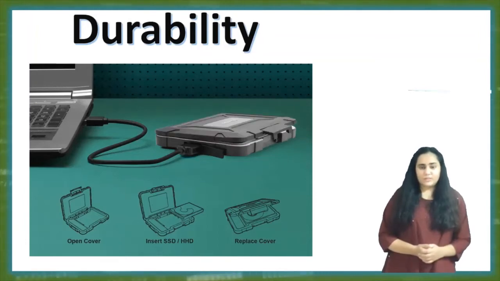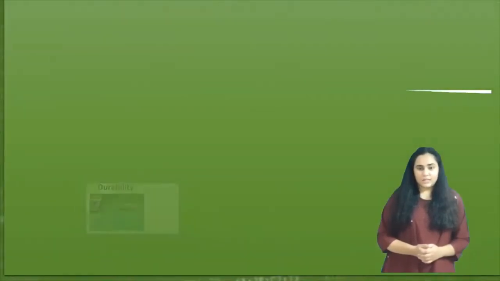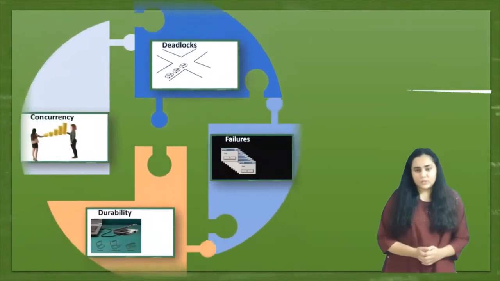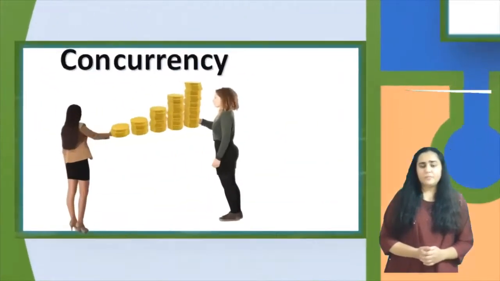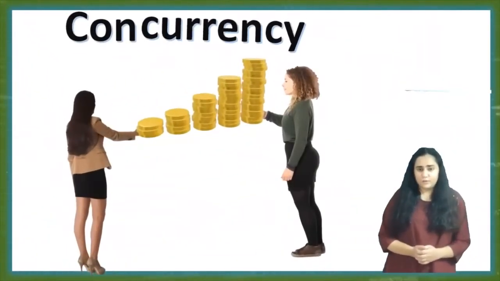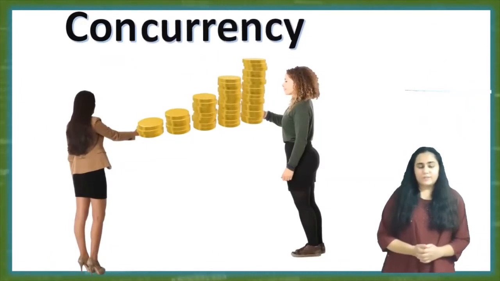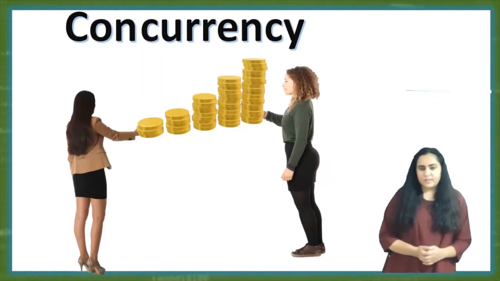Now we are going to see the next section in this particular unit, transaction processing, and the next section is concurrency. Concurrency is when multiple people try to access the same type of data at the same time. This is where lots of problems can happen, and this is where scheduling comes into picture.